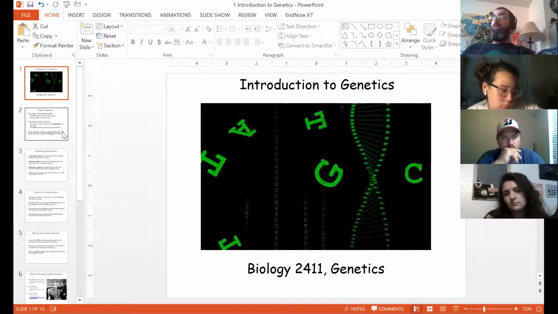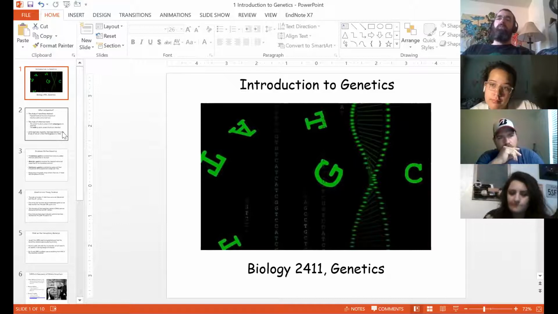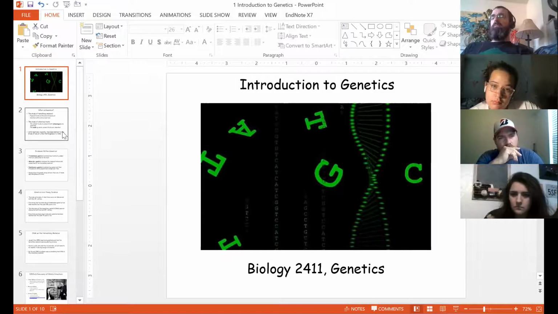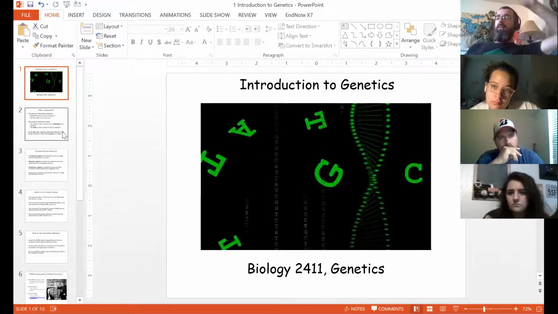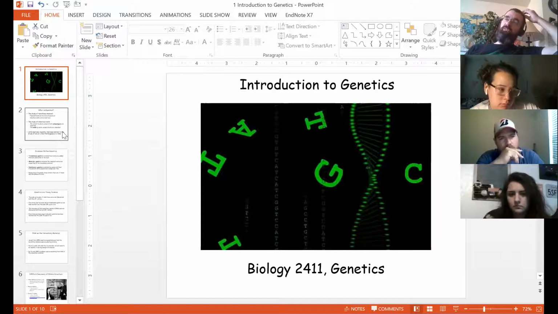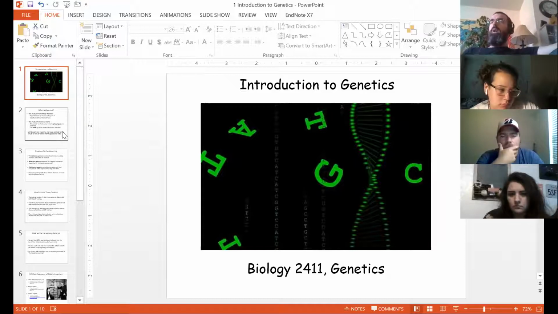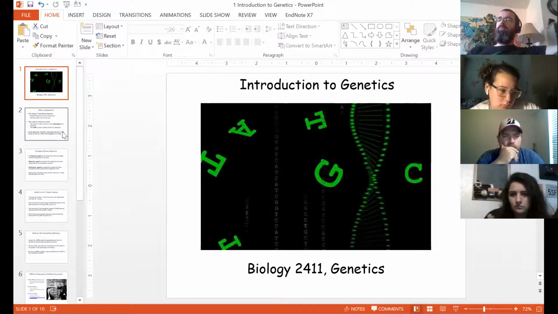If one or more of the parents has a disease or carries a disease-causing allele, what's the probability that one or more of their offspring will get that disease or carry that allele, right? So when doctors are looking at particular diseases, they often look at family history to try and figure out where this particular problem is coming from. So that's a different application of genetics.